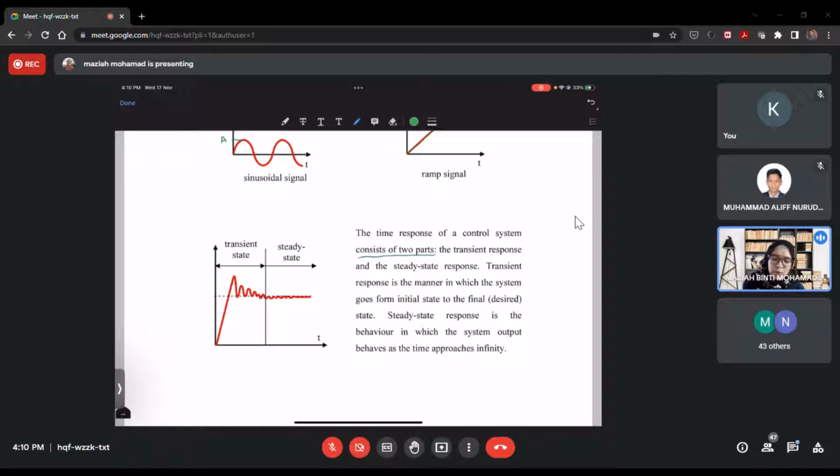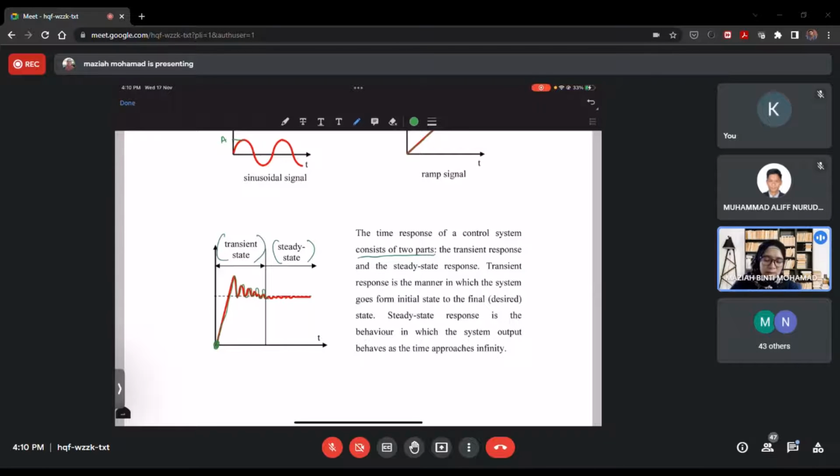The time response analysis for a control system consists of two parts. The first one is the transient state, and the second one is the steady state. The first part is transient, where the output may start from 0, then it will increase and keep changing until it reaches a steady value.